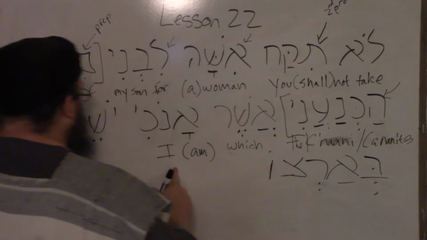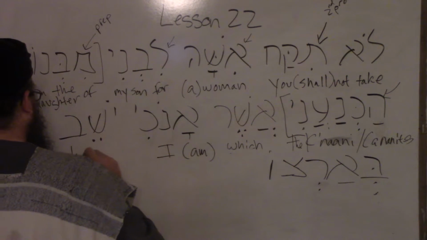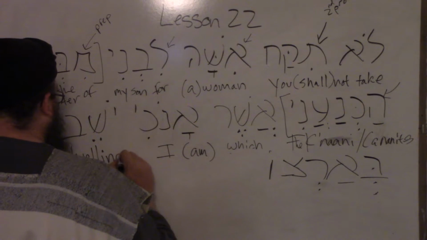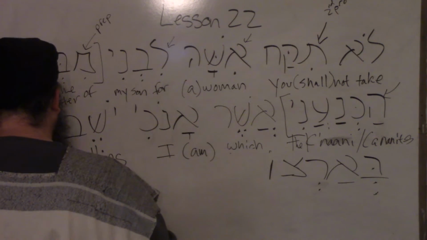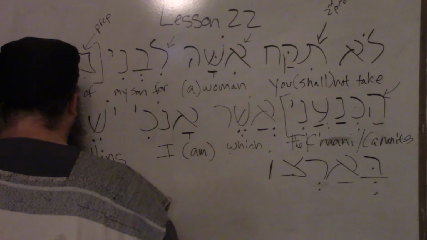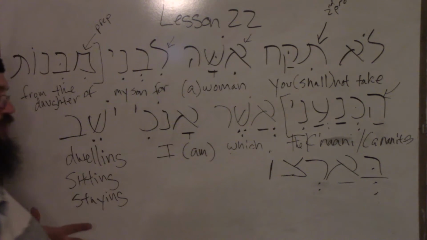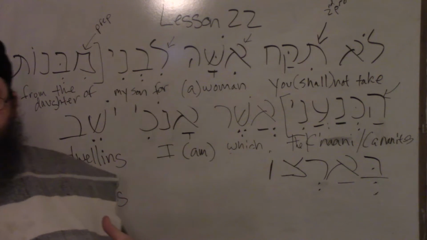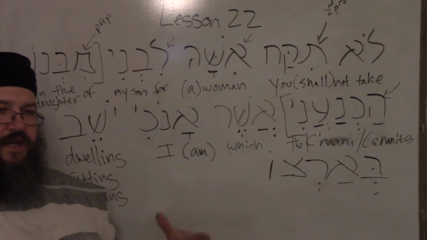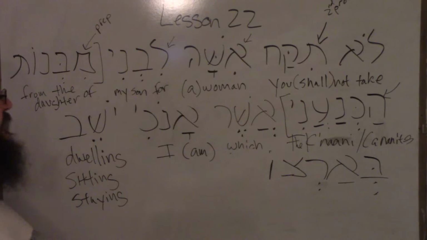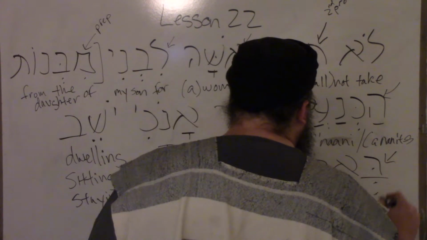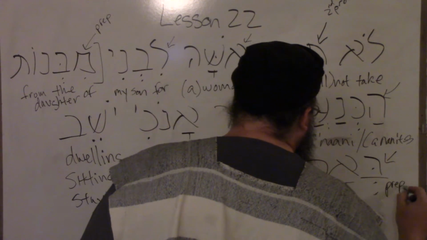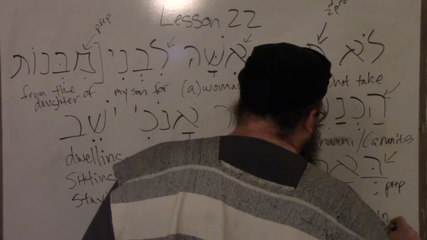So he says, Anochi Yoshev, I am dwelling, or sitting, or staying. Remember the word Yoshev, from Yashav, has to do with a permanent state of residence, in a sense. Yoshev, I am dwelling. Ba, this is our preposition, the word for in.